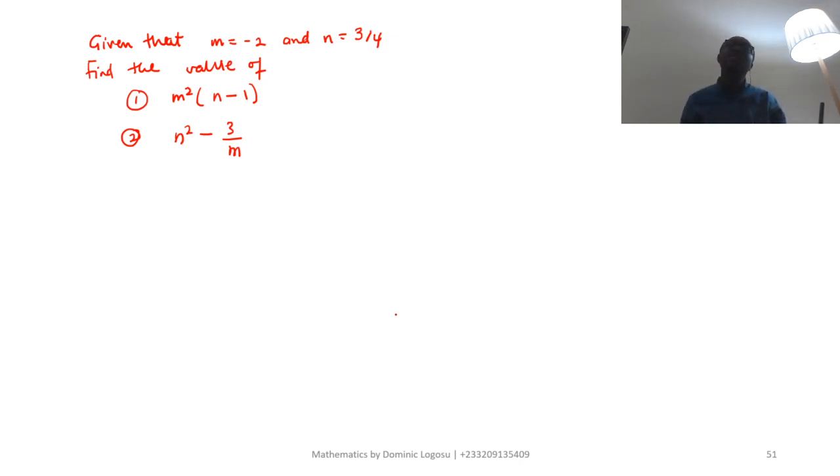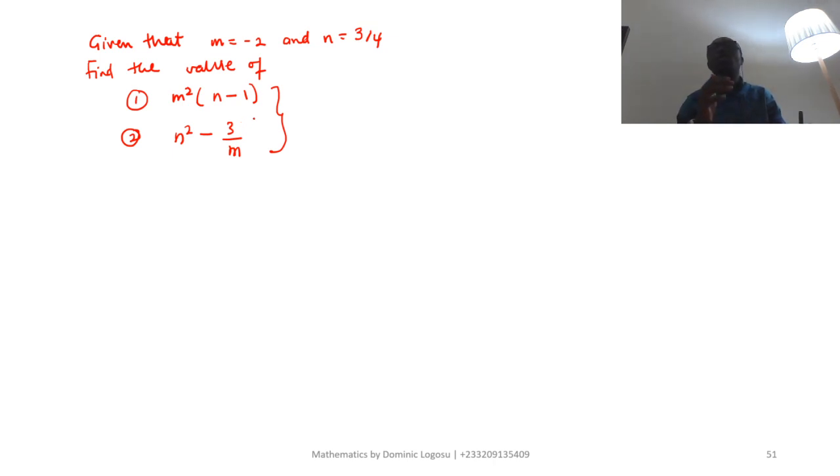Okay, but with this one, we are not being asked to make anything the subject here, because they are not even equations. Equations are what will be asked to make the subject. These are basically expressions, so you will never be asked to make them the subjects. Why? How do we know that they are basically expressions? Because we don't have equal signs in them.